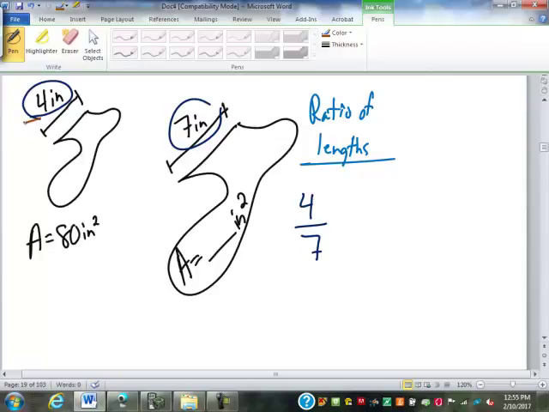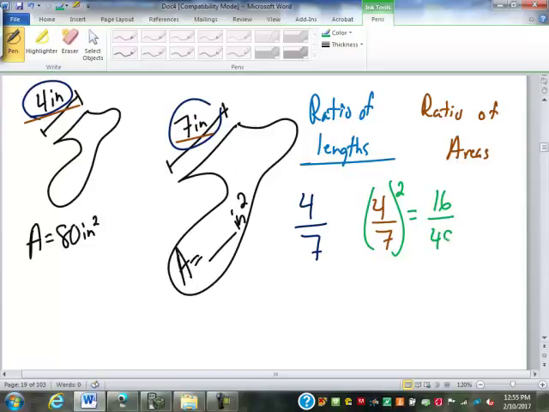So our ratio of lengths, the 4 becomes 7. So that means our ratio of areas would be found by taking that 4/7 and doing what to it? Squaring it. What's that going to become? 16 over 49. 4 squared is 16. 7 squared is 49.